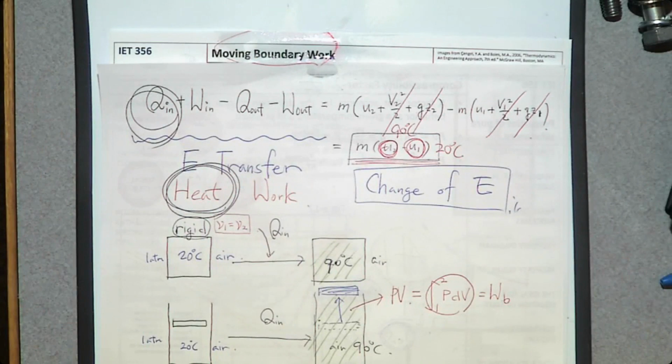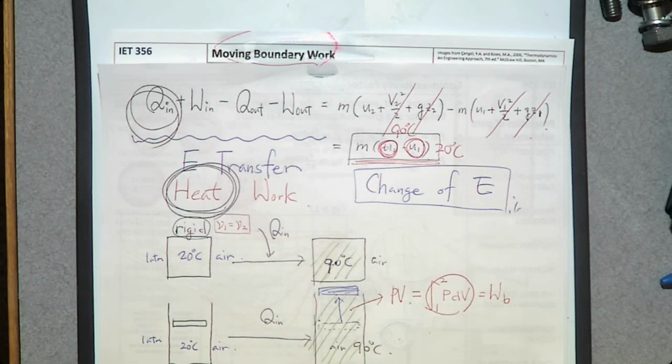So that is moving boundary work. Now, this moving boundary work, WB, should it be W in or W out? Out. Why is that? Because this one is pushing the surroundings, right? So when there is an expansion, that's the work provided by the system to the surroundings.